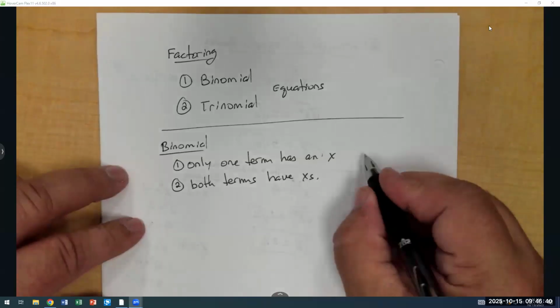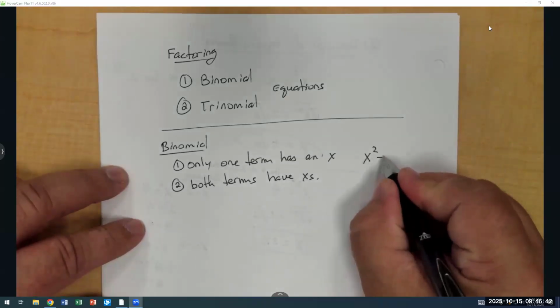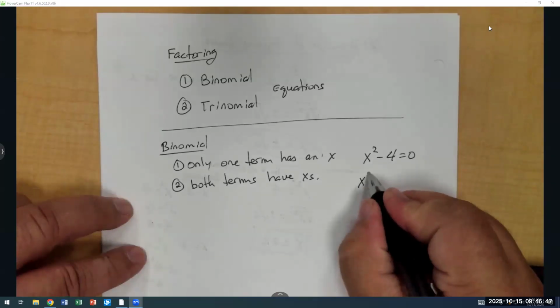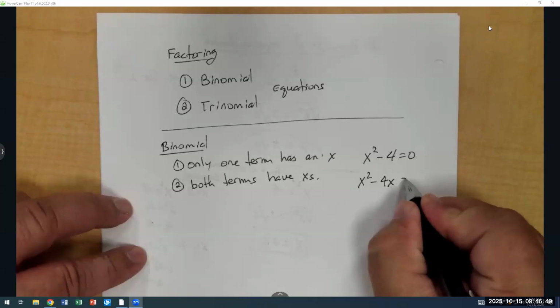This is what this means. X squared minus 4 equals 0, or x squared minus 4x equals 0.